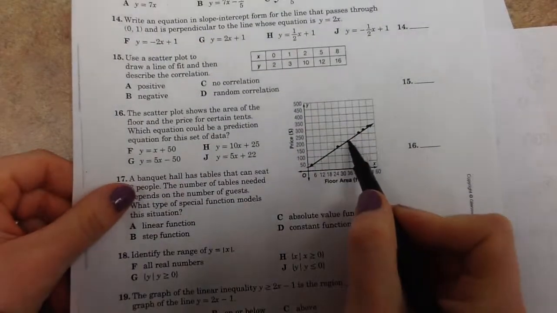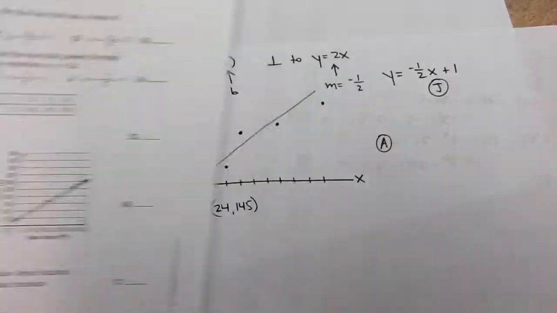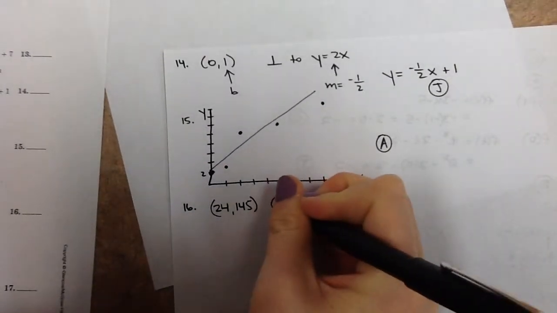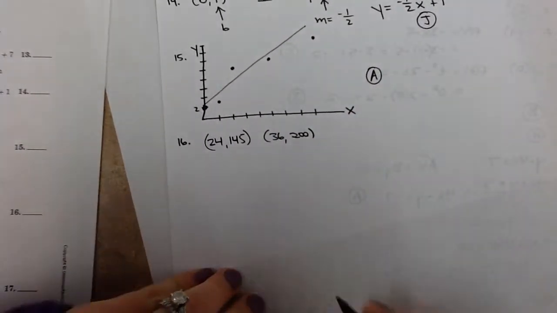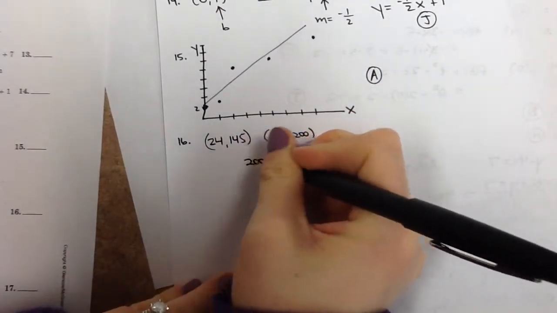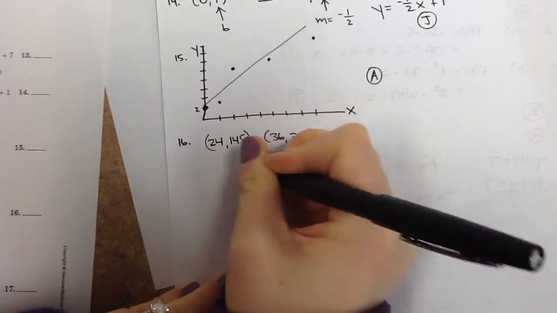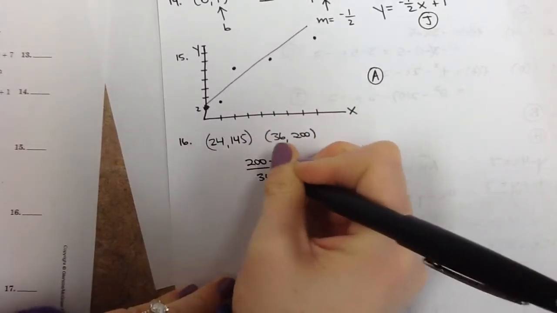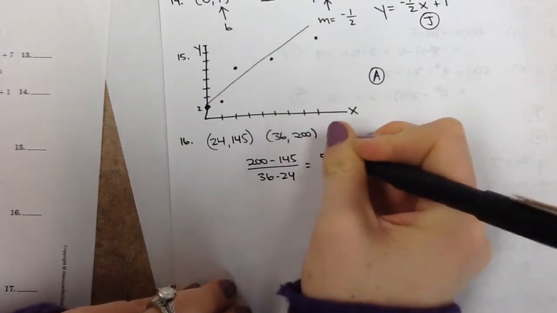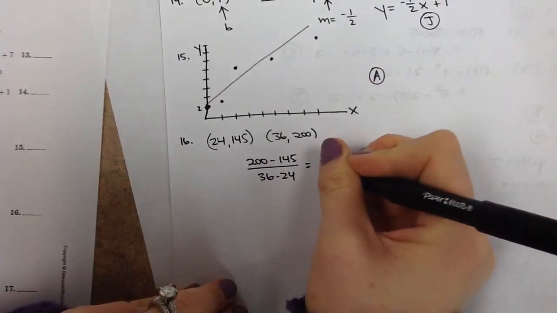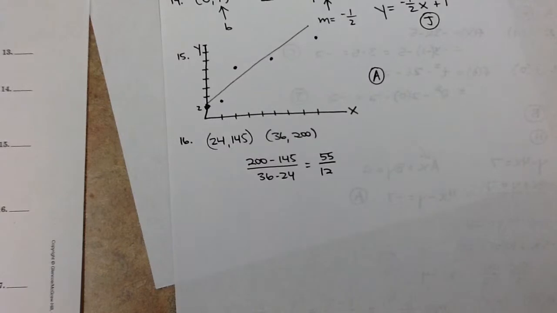And then I looked at this point right here, and that point is 36, 200. That's right on the corner. So if we calculate an approximate slope, we do 200 minus 145, over 36 minus 24. So 200 minus 145 is 55, and 36 minus 24 is 12.